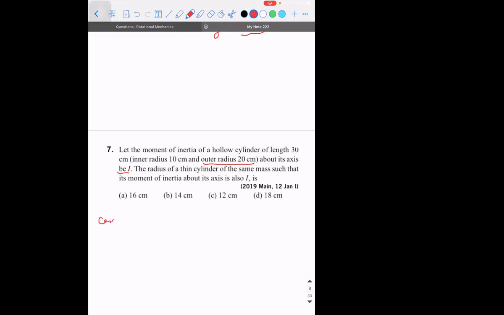So here how many cases are there? Case 1, we have a hollow cylinder. So what is the moment of inertia of a hollow cylinder about its axis? Wait, I'll show you.